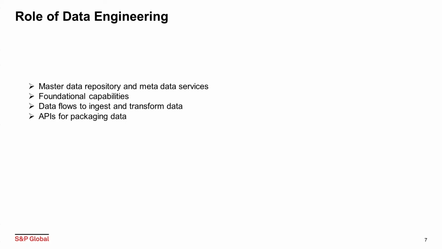Typically, for data science models to work, data has to be available in a consumable format. So data engineers play that role of making the data available in a consumable format. Data engineering also creates APIs for packaging data so that everybody in the organization can use the data, and sometimes products can use those APIs and the APIs can be productized.